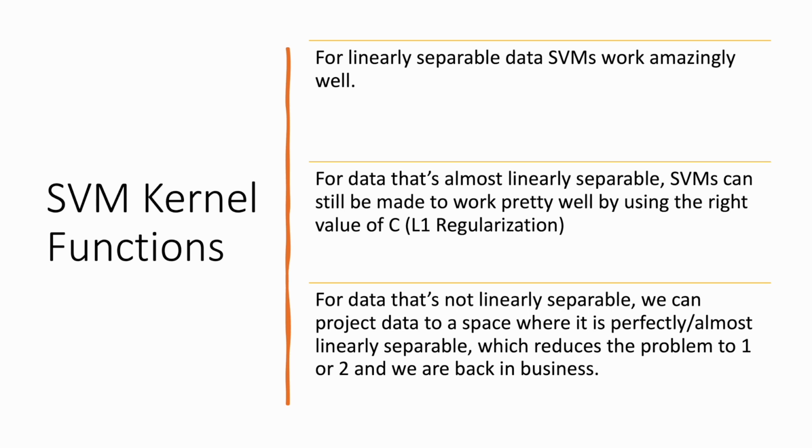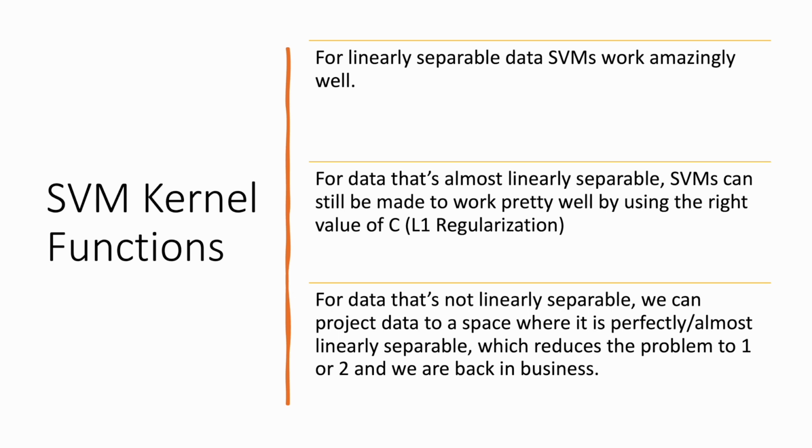There will be some misclassifications, but I will gain on generalization. So there was a bias variance trade-off, which we discussed in detail in the last video. So if the data is almost linearly separable, we can do it in the existing plane itself, with hyperparameter C, and we can see the generalization, bias variance, and all those things.